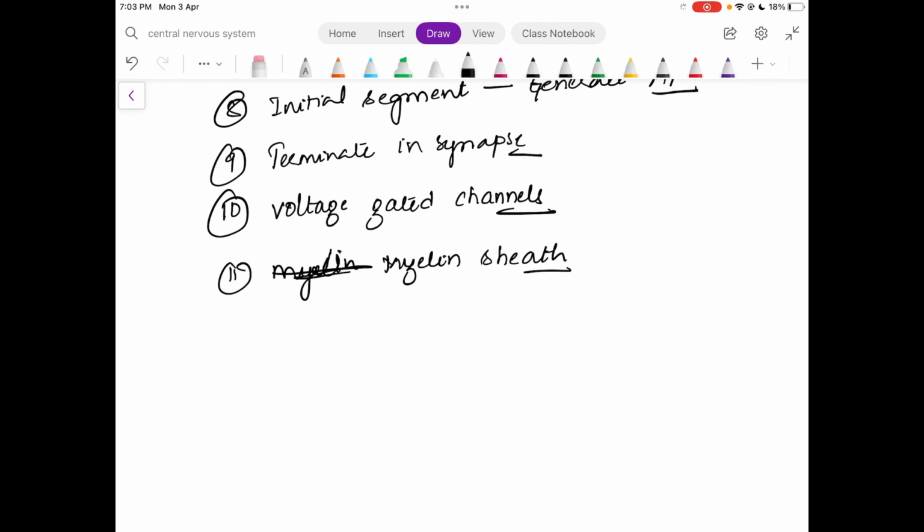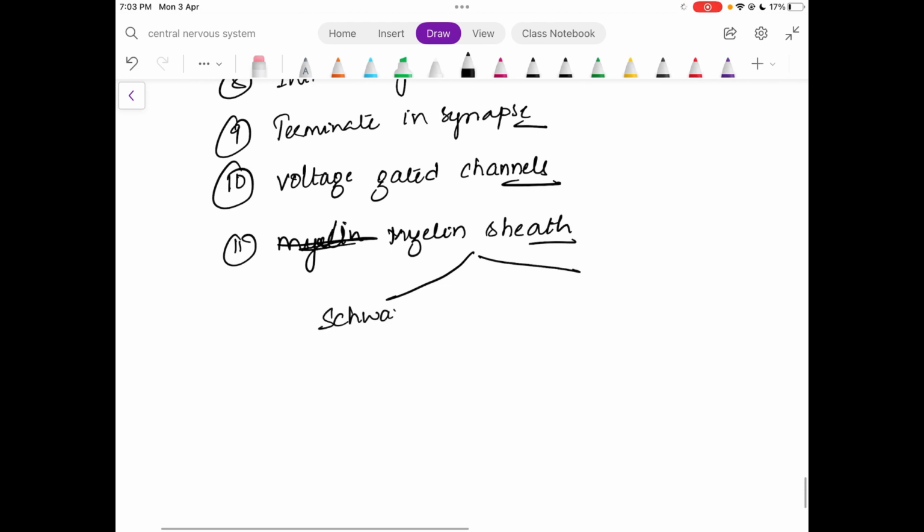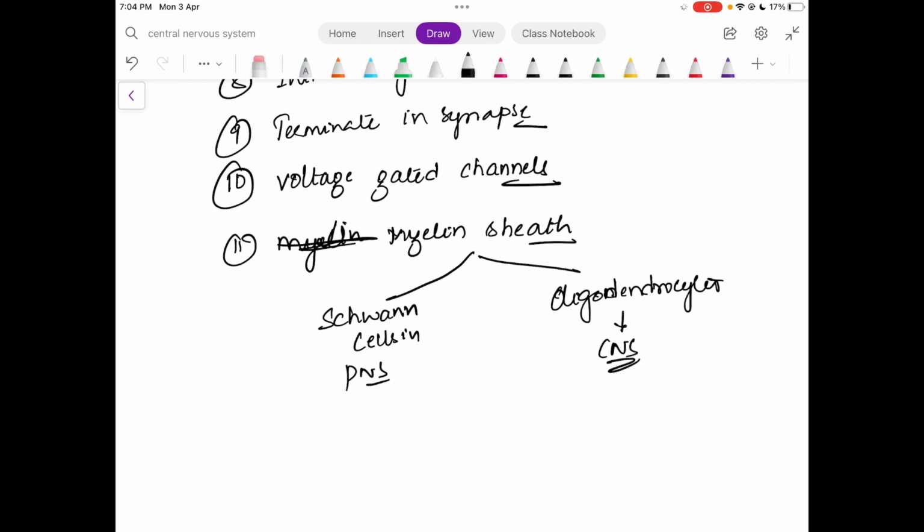This myelin sheath is synthesized by Schwann cell in the peripheral nervous system and oligodendrocytes will synthesize myelin sheath in CNS, central nervous system. And this myelin sheath will be surrounding the axon 100 times.